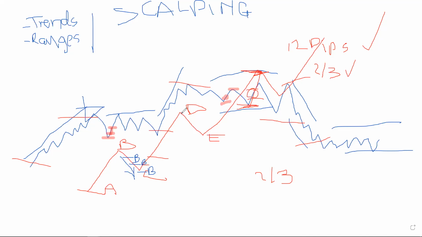When it reaches there and starts going down again, you enter your buys again, and then the market will go up and you'll take profit, take profit, take profit. When people are busy buying, you're just taking profit. So that is on a trending market, whether it's going up or down.